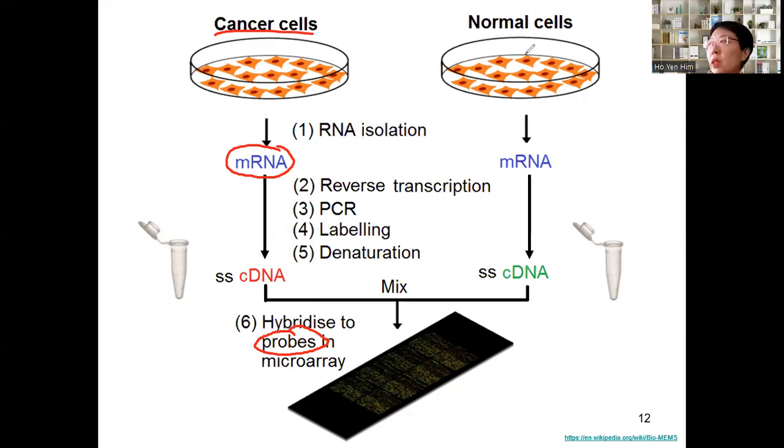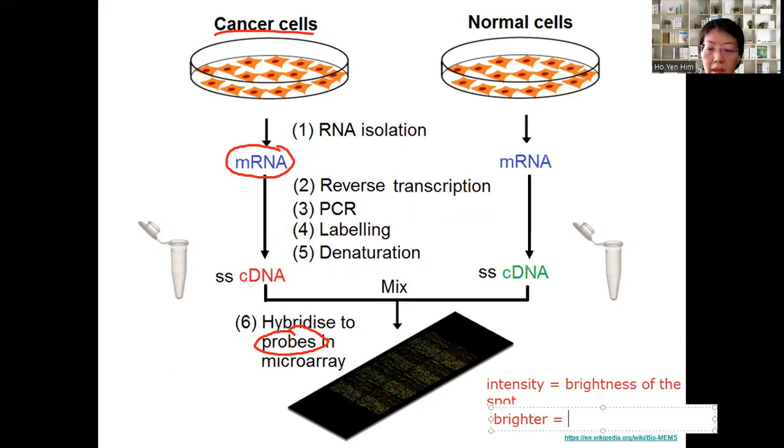So this is how we detect whether a certain gene is being expressed, and also it depends on the intensity of the spot. Intensity means brightness of the spot. So the brighter it is, the more cDNA you have. That means the more mRNA we have, which means the more the gene is being expressed.